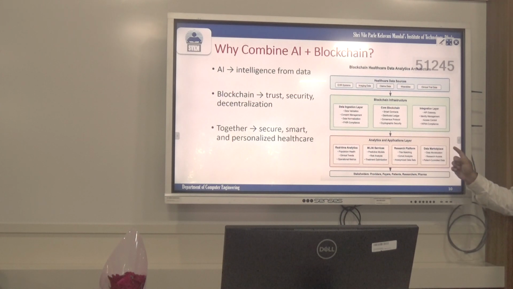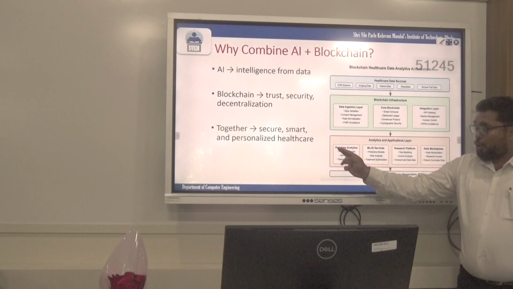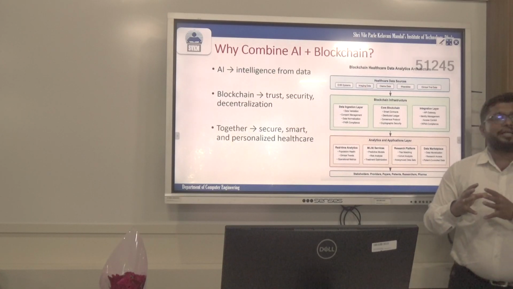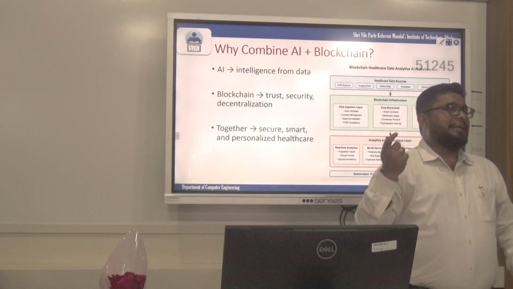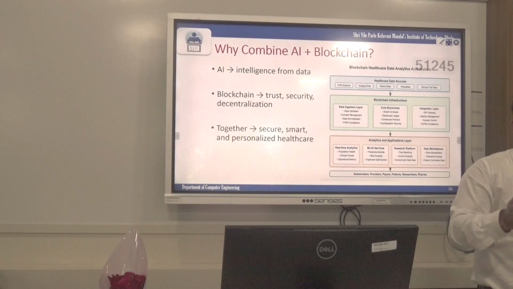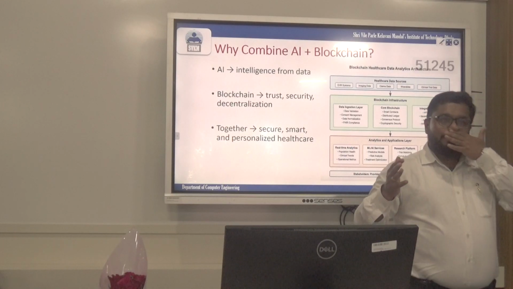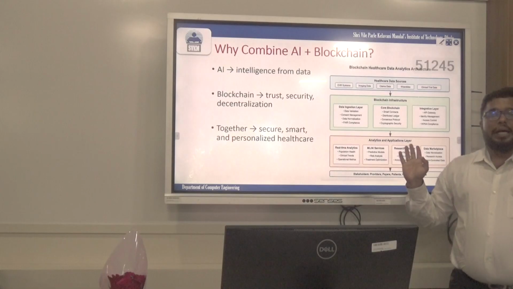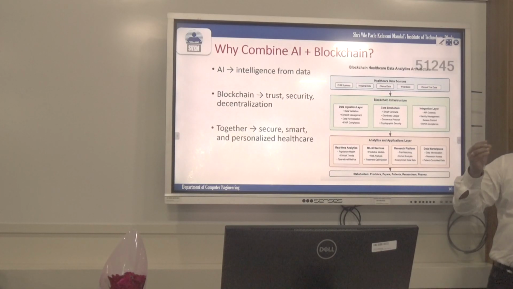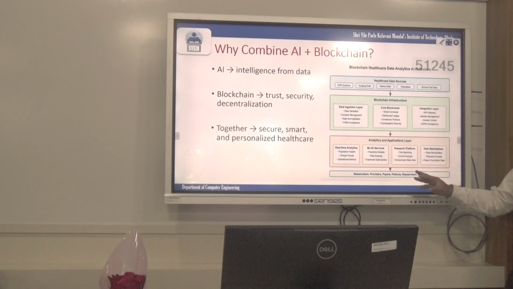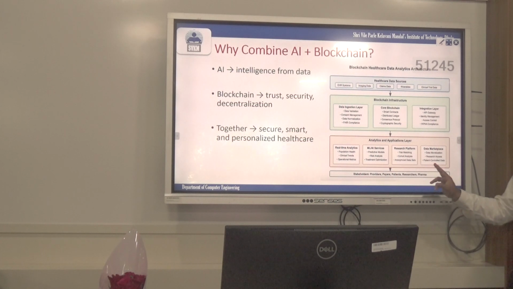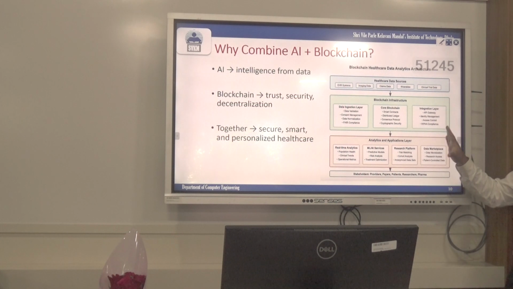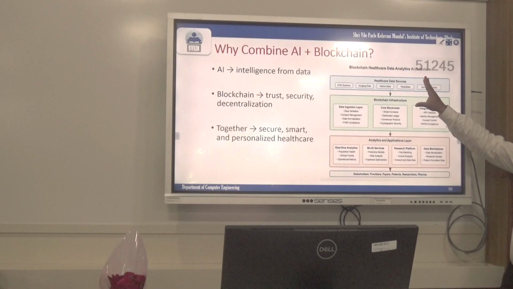These are all available, but for research you have to showcase that you have a model with that kind of precision and accuracy, and then the different marketplaces give you data for research purpose. Otherwise, they will not provide. The stakeholders can be providers, payers, patients, researchers, and the pharmaceuticals for this whole blockchain healthcare data analytics architecture.